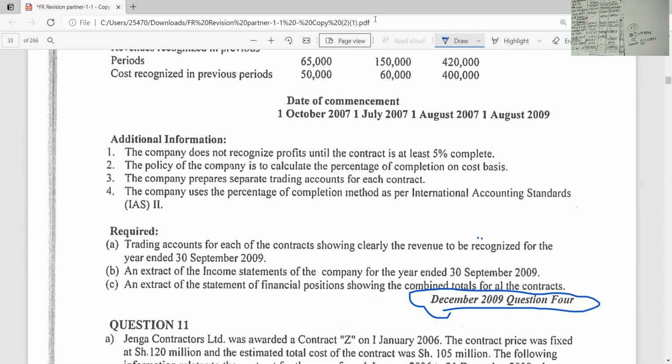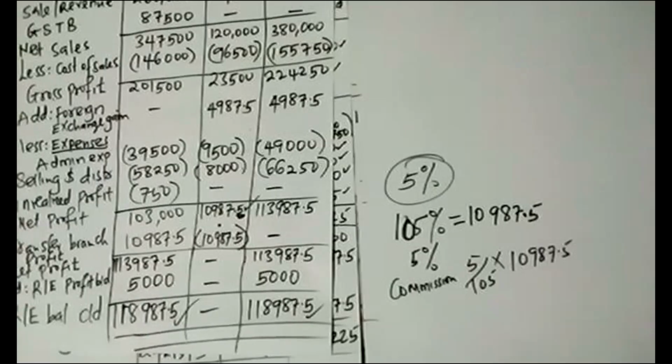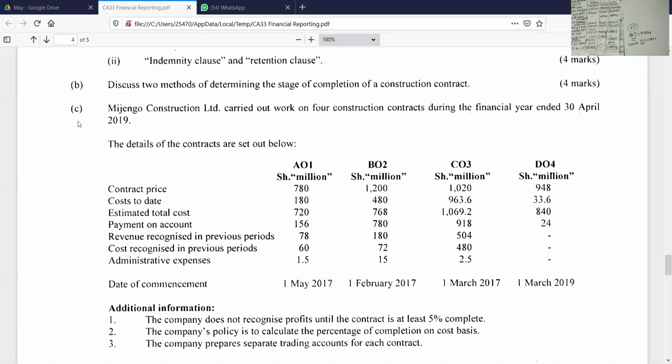Let us now look at the question of 2019. This one. Michengo Construction carried out 4 construction contracts during the year. The same thing. Details of contracts are set out below. The same thing: contract price, cost to date, payment on account, revenue recognized in previous period.